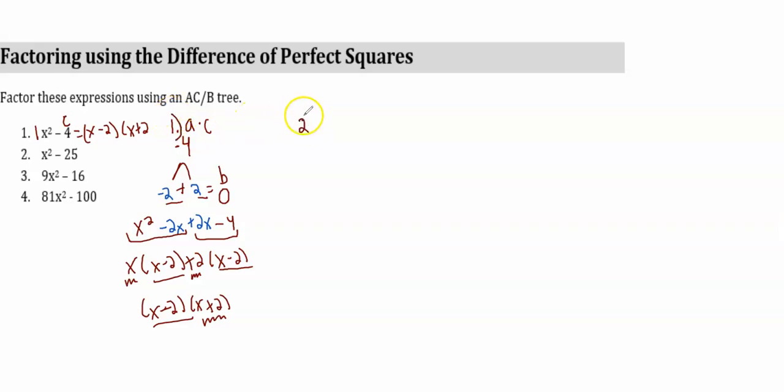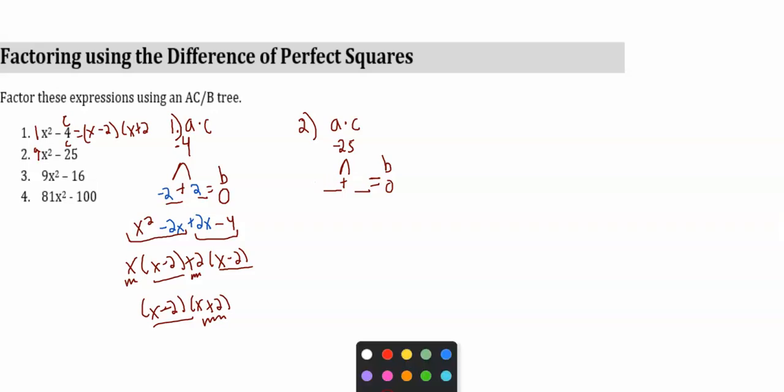As I look at number 2, I have my A is 1 and my C is 25. So it multiplies to -25 but adds to a B of 0. I have nothing there, so I have -5 and 5.